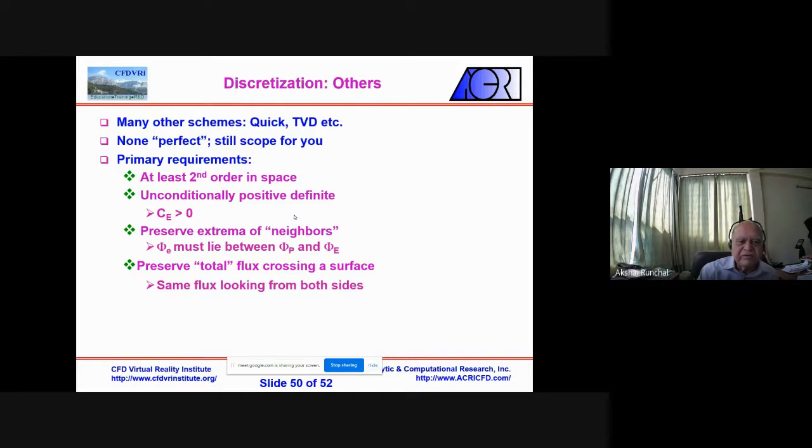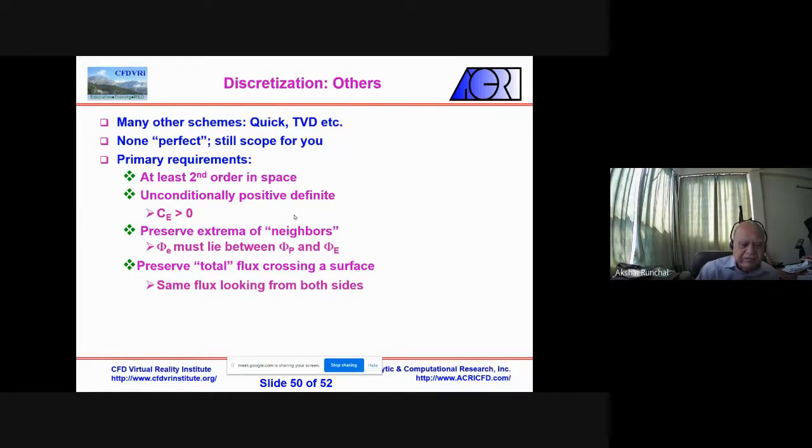So for those of you who are in the research field, there is no perfect scheme today. The primary requirements are that the perfect scheme should be at least second order in space. It should be unconditionally positive definite, C_E always greater than 0. It should preserve the extremes of neighbors. That means that phi E must lie between phi P and phi E and not automatically increase.